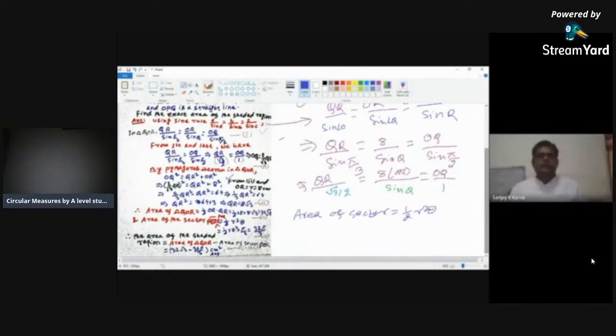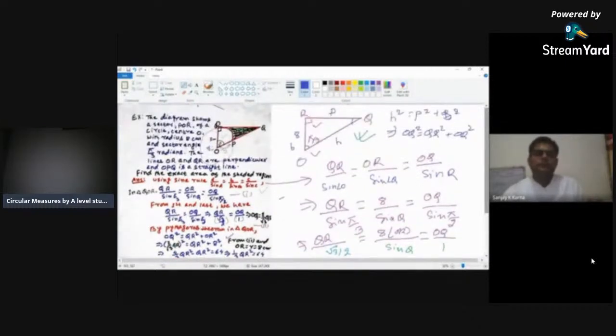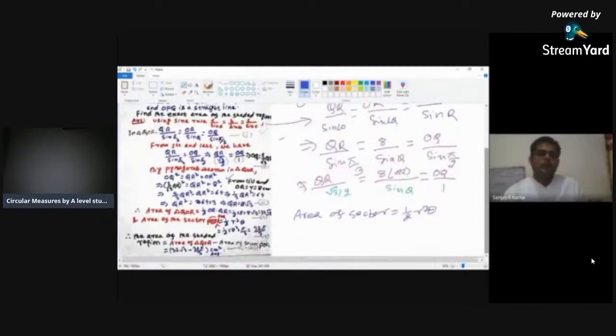Just put the value of radius 8 centimeter, so here this is 8 squared, and theta is the angle at the center, pi by 3. So we put pi by 3 in place of theta. So we now have the area of the sector as 32 pi by 3.